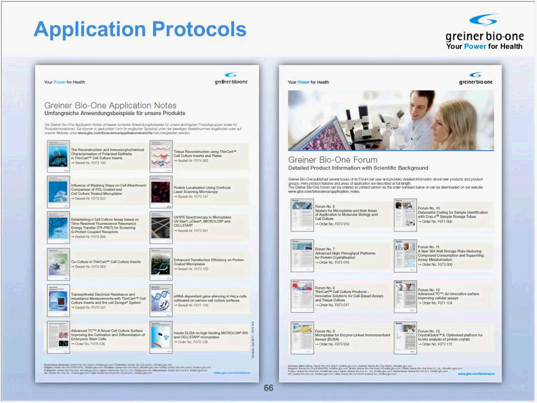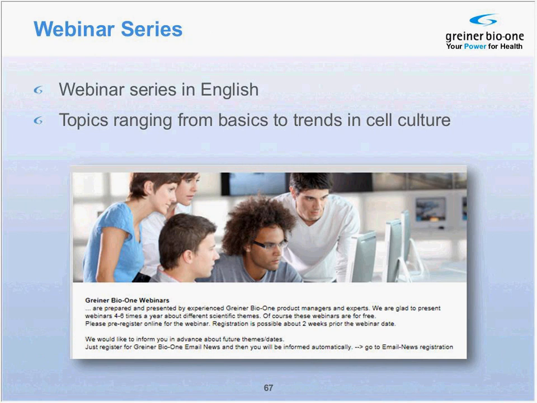We have a wide range of application notes, and what we call a forum is a review article on a certain topic or issue. And we have a webinar series that is going to continue this year. I would like to thank you for your attention, and I hand over to Mackenzie again.